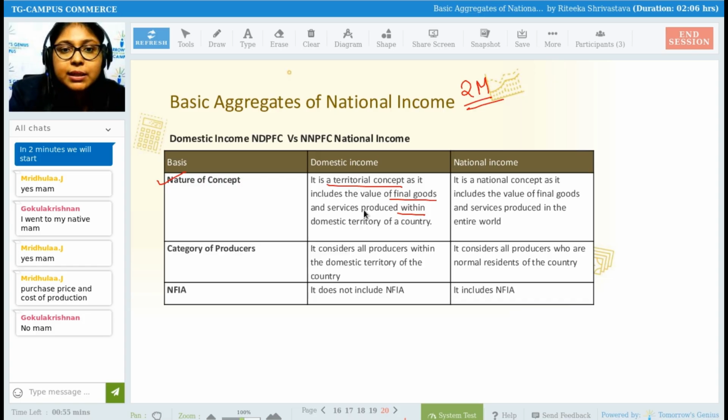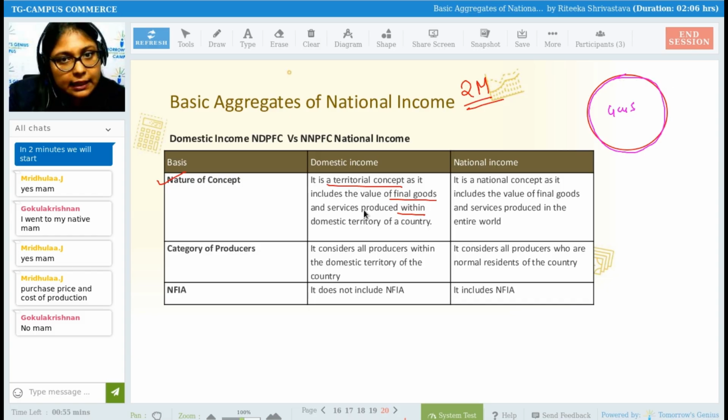Within the domestic territory means, say suppose this is your country India. Whatever goods and services are produced within this territory, within this boundary, will be called domestic income. Whereas national income includes the value of final goods and services produced in the entire world.